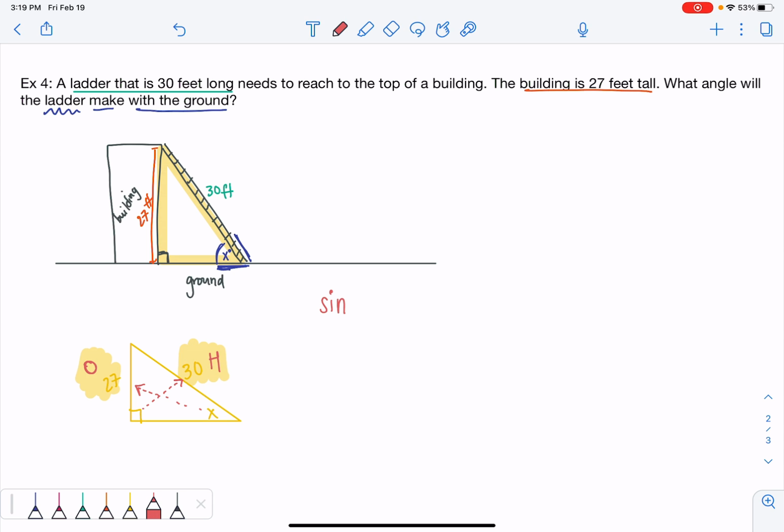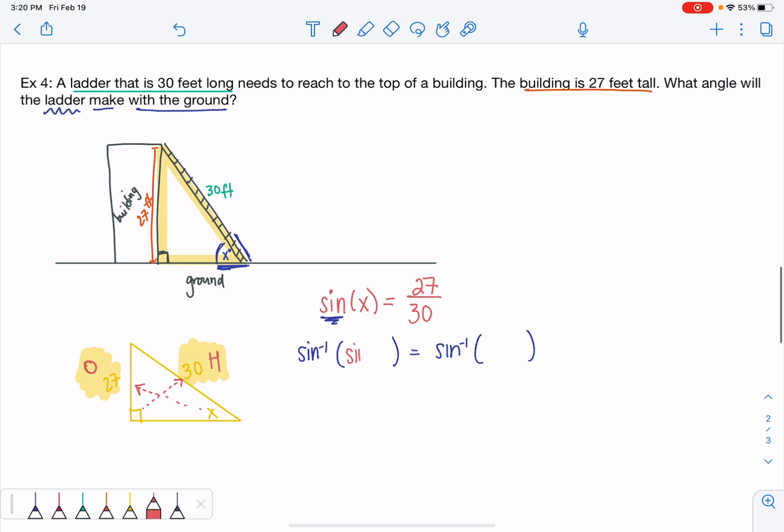So sine of x, our angle, equals O, 27, divided by H, 30. We want to get x alone, so to undo sine, we will use inverse sine on both sides.